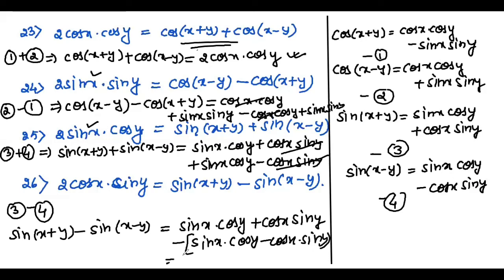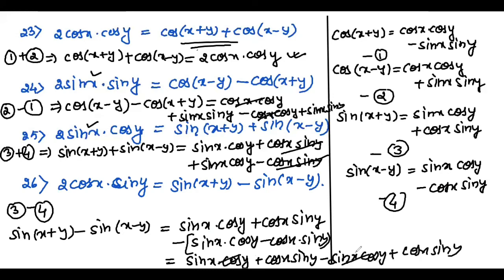So after opening this bracket, we get sin x cos y plus cos x sin y minus sin x cos y plus cos x into sin y. So we can cancel these two with opposite sign and equal values. Now cos x sin y and cos x sin y, so 2 cos x sin y.